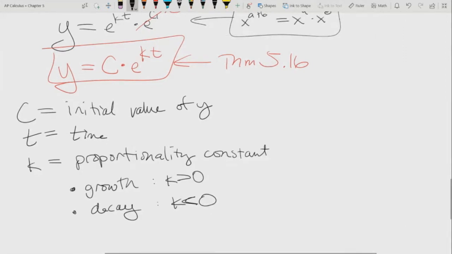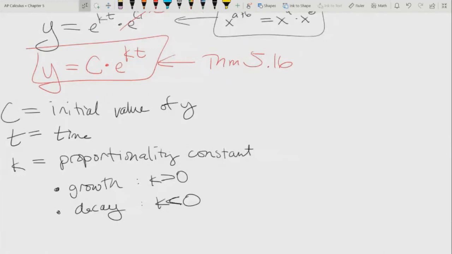Some of you may have seen a different version of this formula. It looks like this. For the amount of money you put into an account, usually we use principal, so you've maybe seen it like this: your total amount of money in some account, if you start off with the principal P, is equal to P e to the rt, where t is how many years you have something in a bank account, and r would be the percent interest rate.